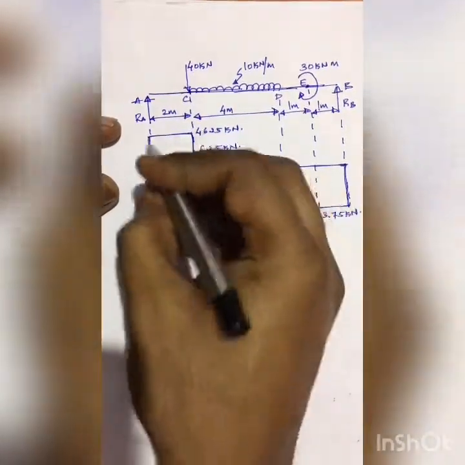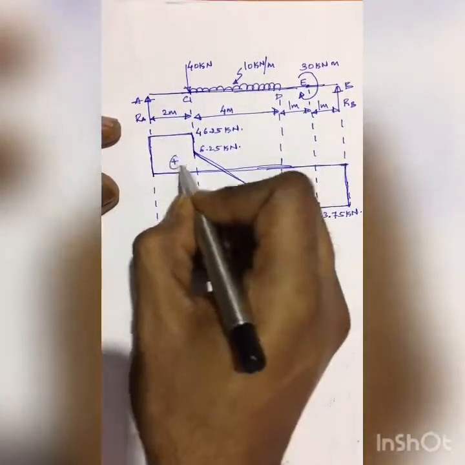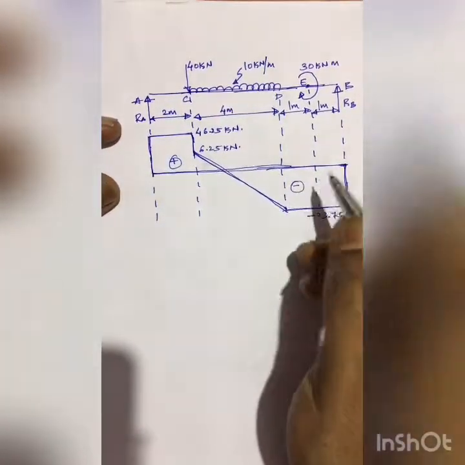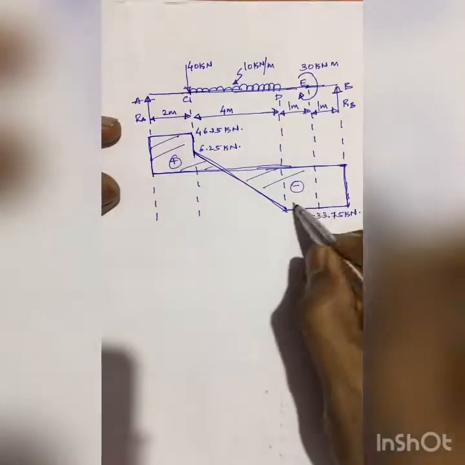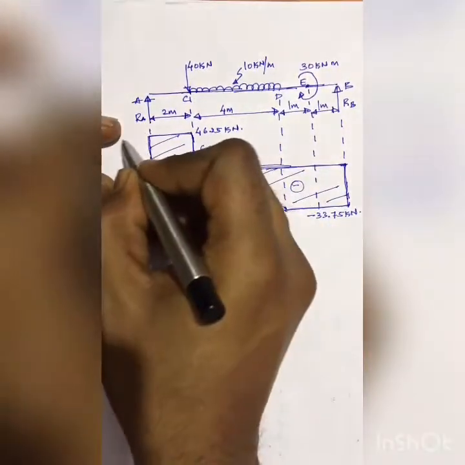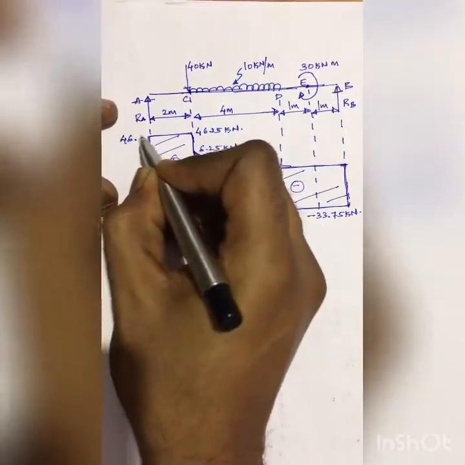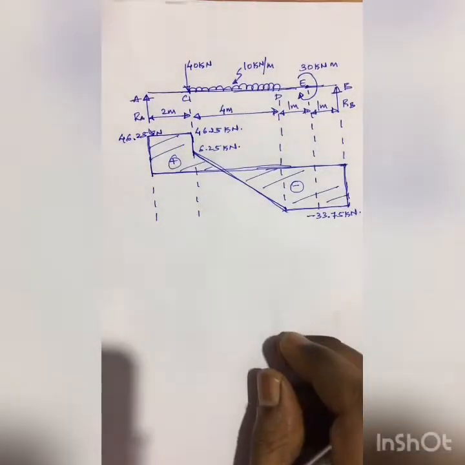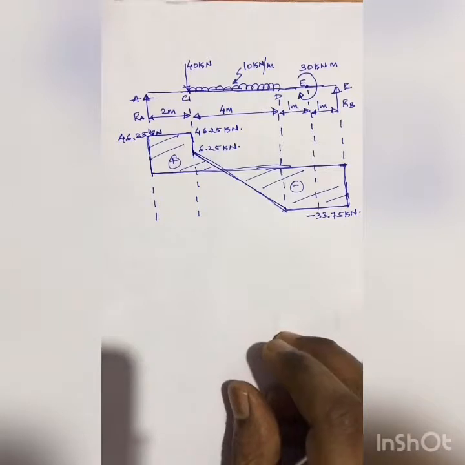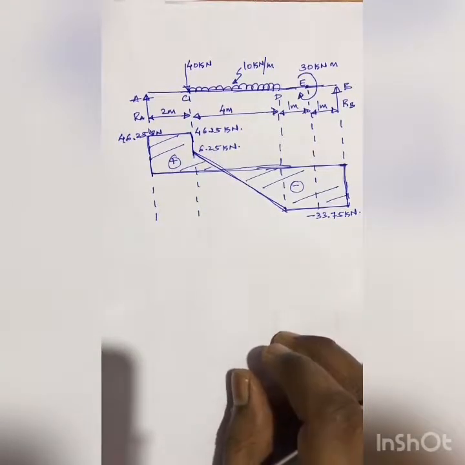This part is positive and this value is negative here. I'll shade the diagram like this. So this is the shear force diagram for this.